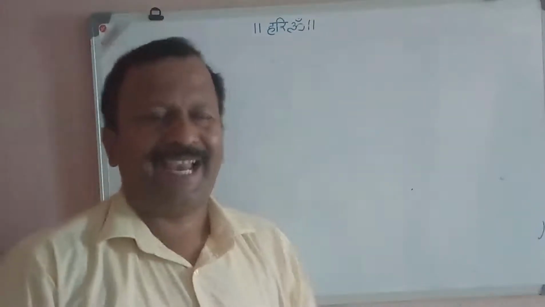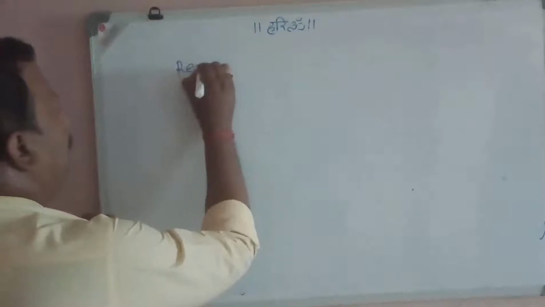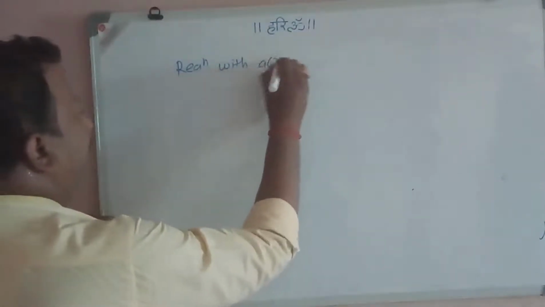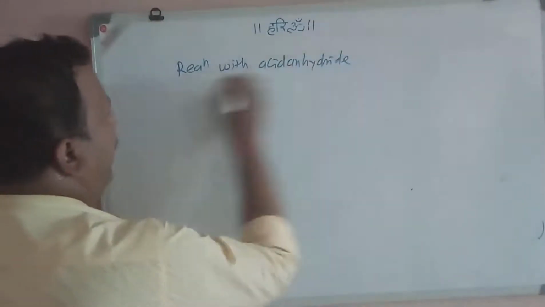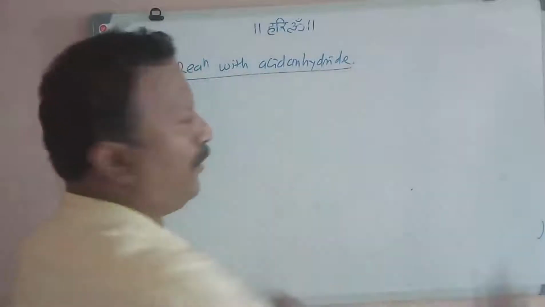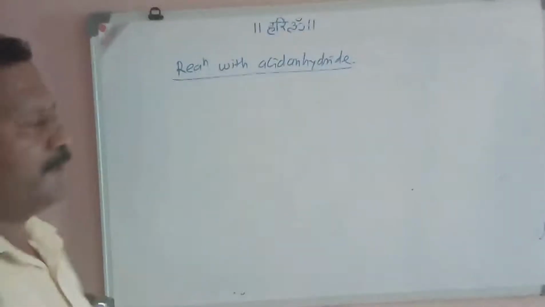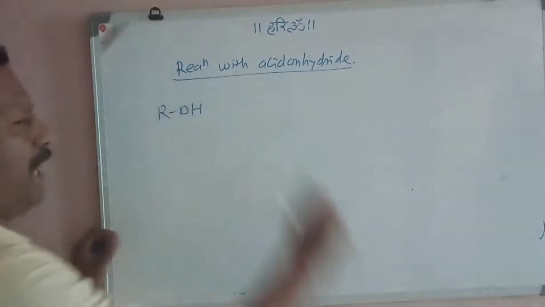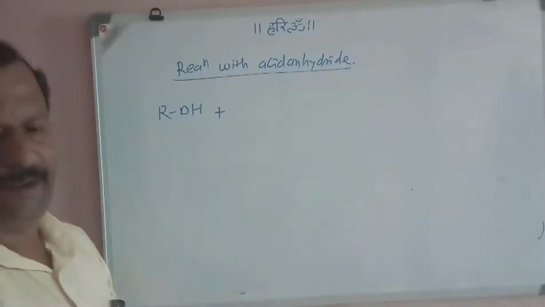So reaction with acid anhydride. So reaction of alcohol with acid anhydride. Okay, so for example, the first example we have taken is alcohol, that is ROH, and it is reacted with acid anhydride.